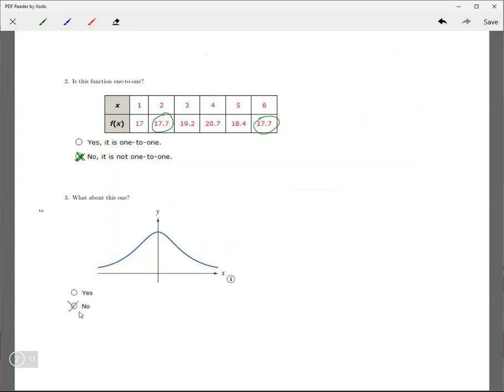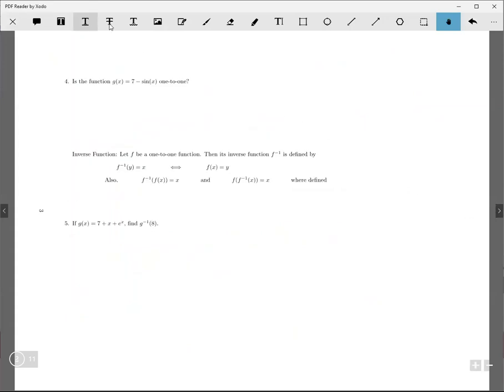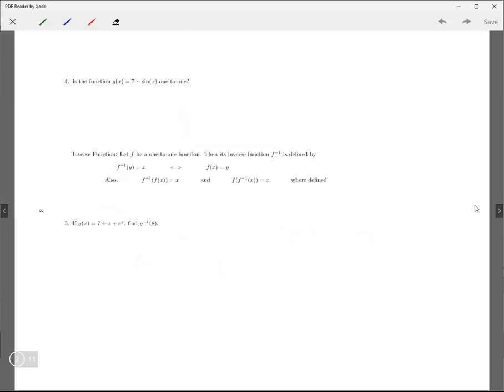And this one doesn't satisfy the horizontal line test. So that's not a function either. Okay, let's move on here. They're functions, but they're not one-to-one.